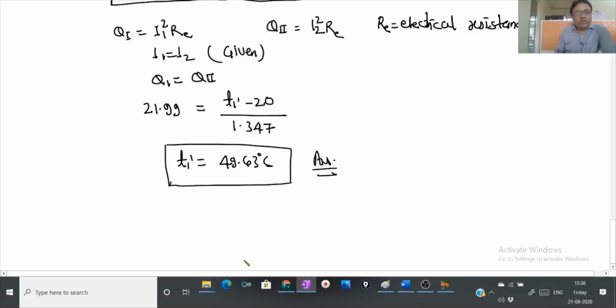So the surface temperature of the cable with insulation, T1 dash, is equal to 49.63. So with this, we could solve this problem.